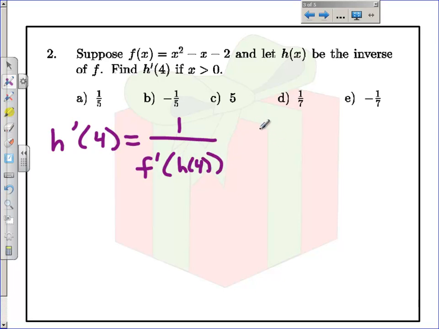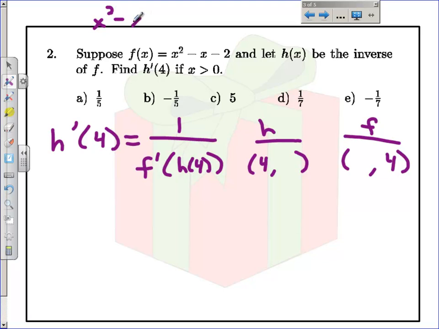So again, h of x travels through 4 comma something, which means that f travels through something comma 4. We need to find this missing length. In other words, when does x squared minus x minus 2 equal 4? And so if I bring the 4 to the other side, that means x squared minus x minus 6 has to equal 0. And that factors into x minus 3 times x plus 2.